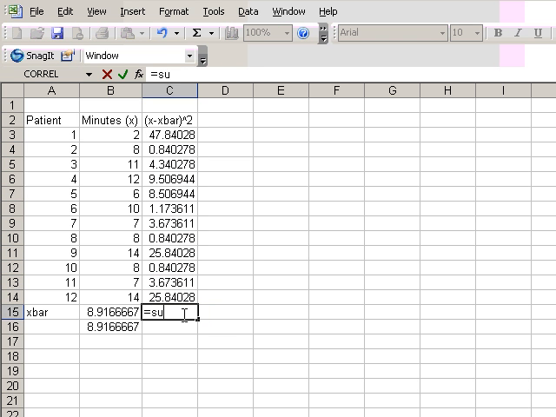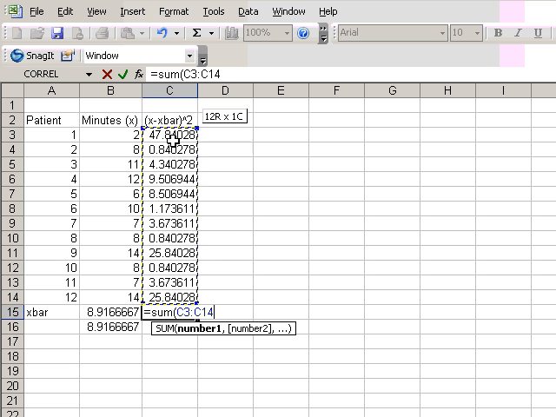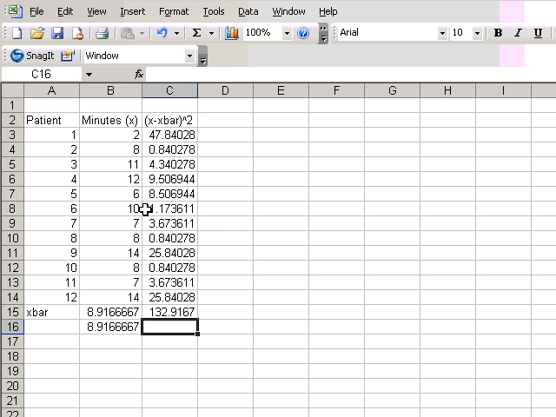So this will be equal sum of all these values. Now the sum of all those values must be divided to get the variance for a sample by not n, that is not 12, but n minus 1, which turns out to be 11.